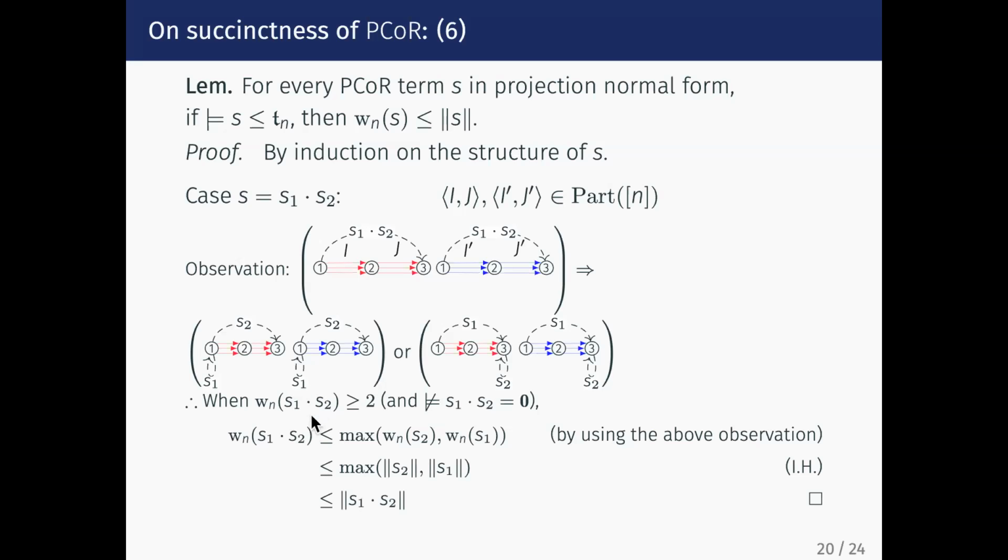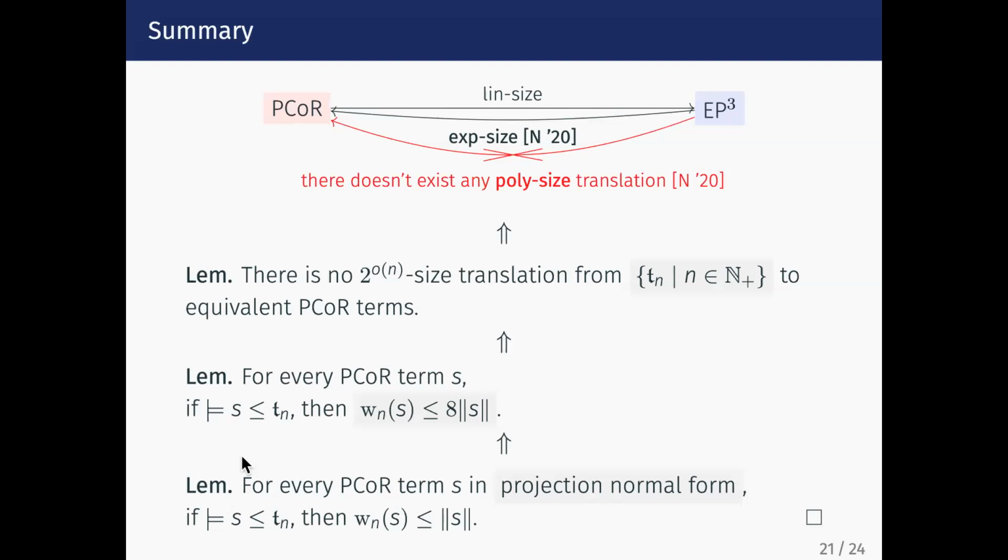So when Wn S1, S2 is at least 2, this inequality holds. By using this observation, we can show this part. So this lemma has been proved. Hence we have proved that there does not exist a polynomial size translation from EPC to PCOR.